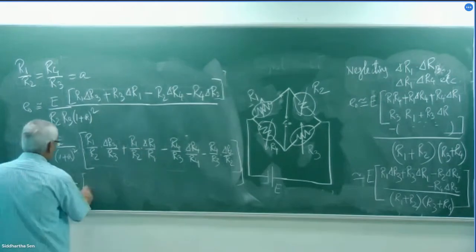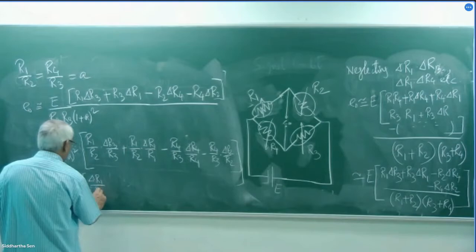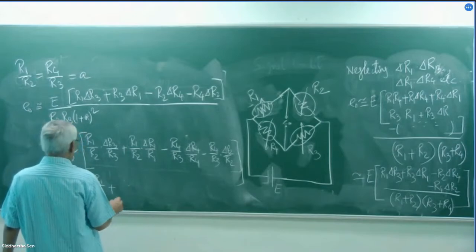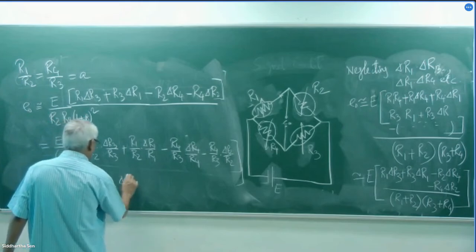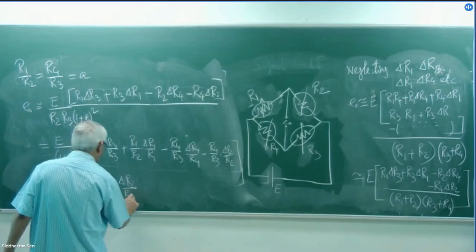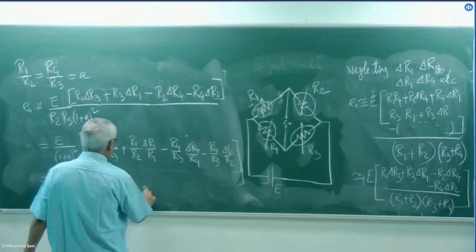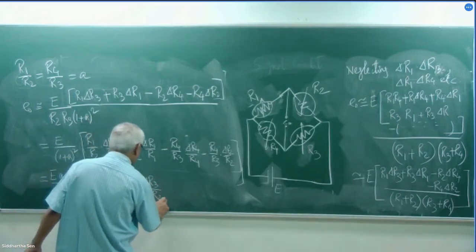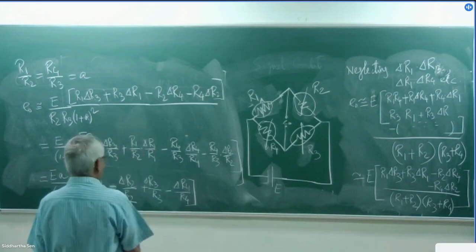And what is it? You see, very nice expression. I need not derive this one always, but I can make it like this. Delta R1 by R1 minus delta R2 by R2 plus delta R3 by R3 minus delta R4 by R4. So finally it's a nice expression.